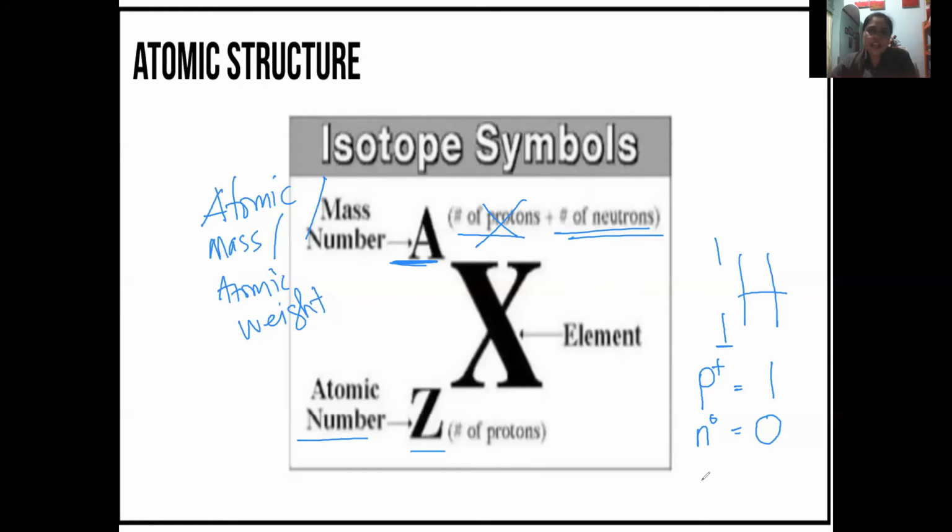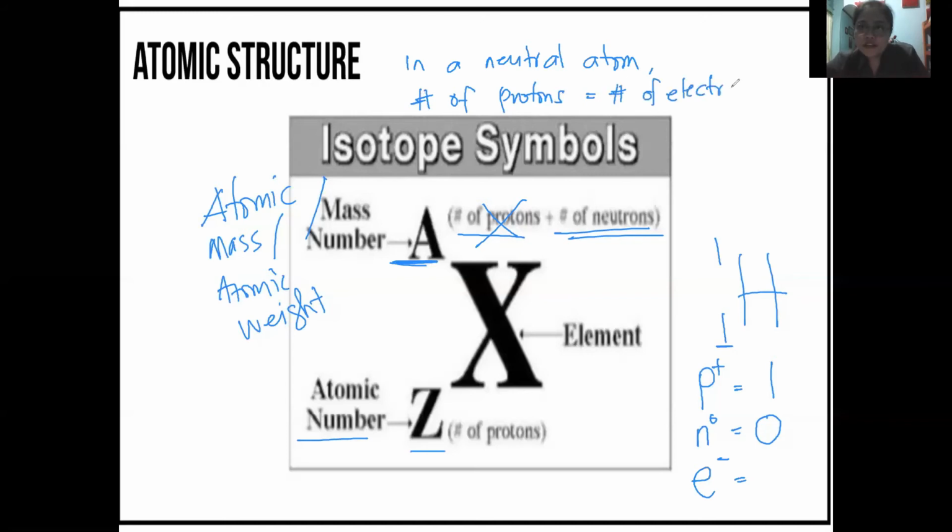Kaya 0 yan dyan. Now, ang ikatatlo, if you are asked how many electrons does hydrogen contain? Ganito ang tandaan nyo. In a neutral atom, when you say neutral atom, pag walang charge ang atom ninyo, the number of protons is equal to the number of electrons.